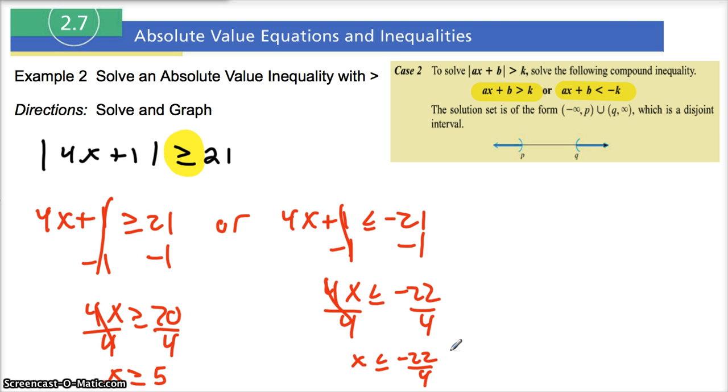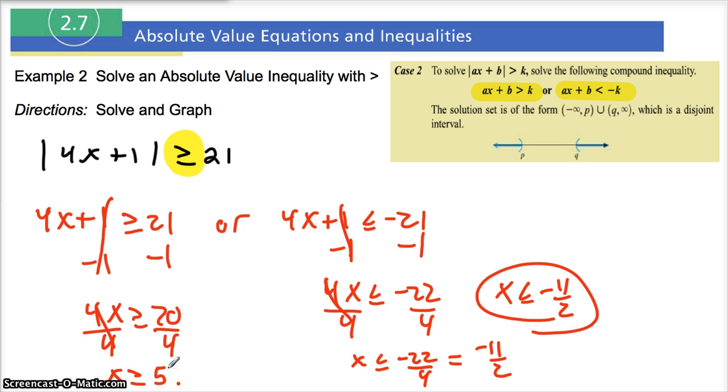We probably want to reduce that, so we can divide by 2 on top and bottom, and we'll have negative 11 over 2. So x is less than or equal to negative 11 over 2. So we have that one and this one. Okay, so we've solved it.